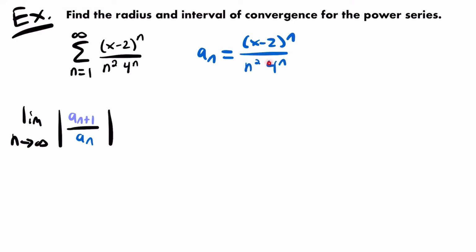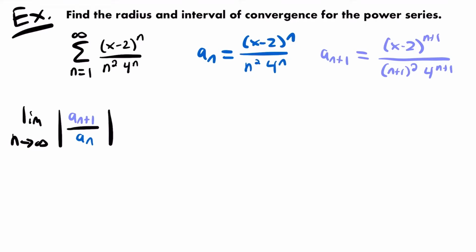It's just this expression in our power series. Okay, and then a sub n plus 1 is going to be equal to this expression, but each n is going to be replaced with n plus 1. So we're going to have x minus 2 to the power of n plus 1 divided by n plus 1 squared instead of n squared, and then we're going to have 4 to the power of n plus 1.